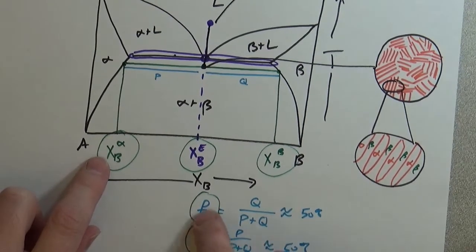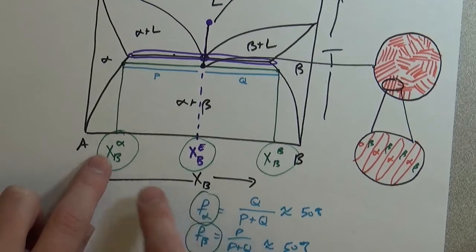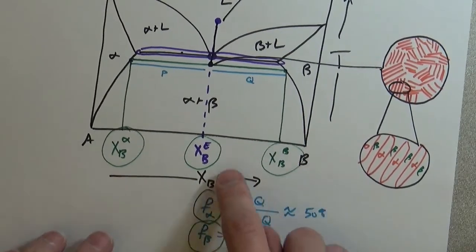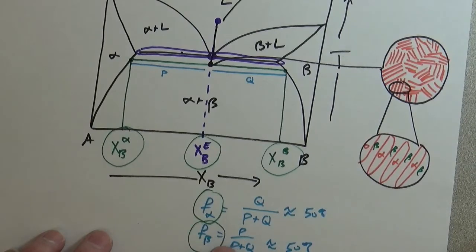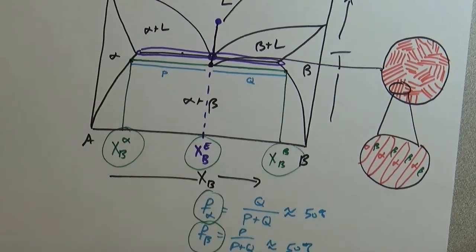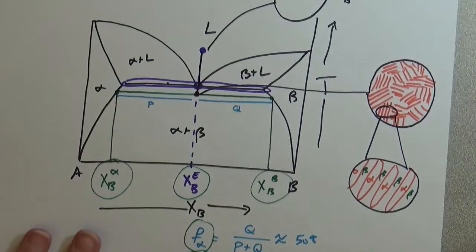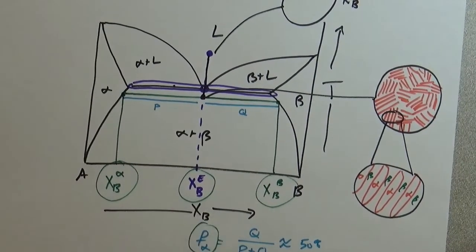You'll find that combining the phase fraction and composition of alpha and beta will give you exactly the total composition, which agrees exactly with your eutectic composition, or the composition that we put in originally. So that's another transformation path that can occur in a binary eutectic system.